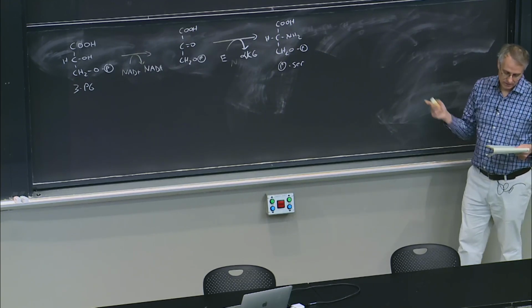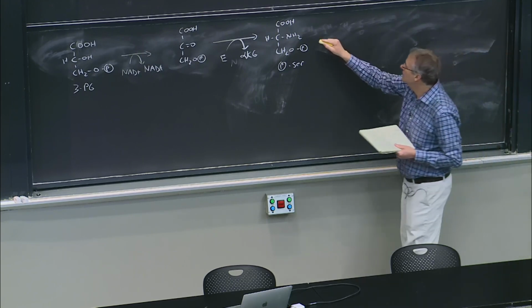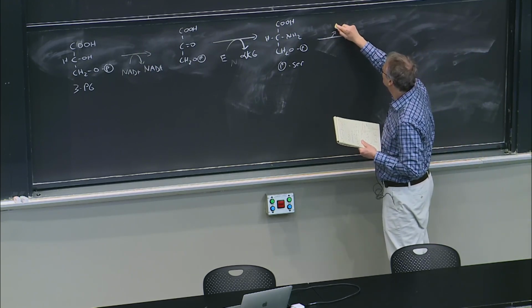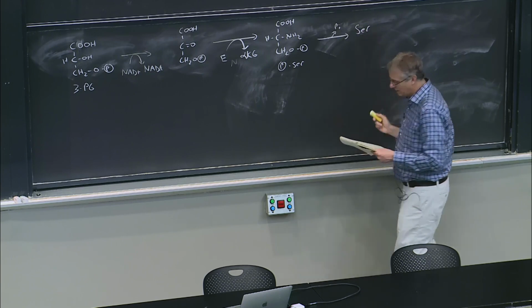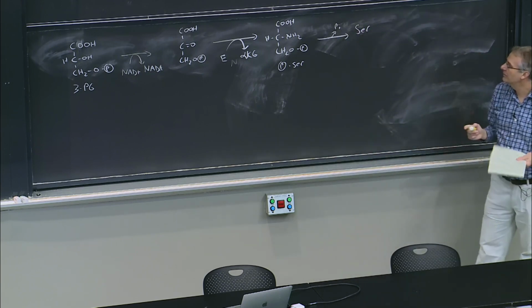The amino acid that's phosphorylated, phosphoserine, and then all I need to do is dephosphorylate it, and I end up with the amino acid serine.